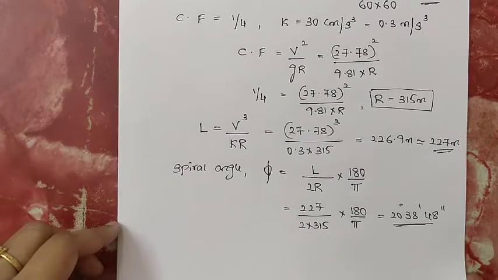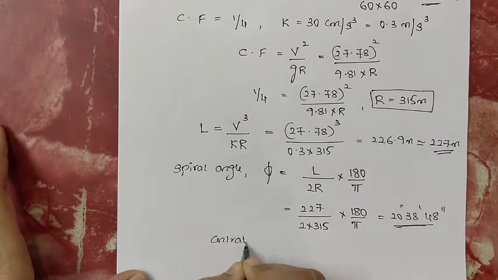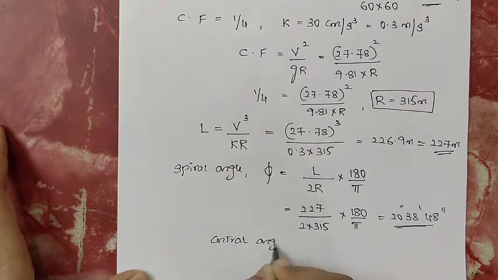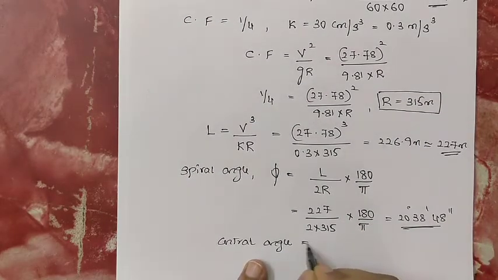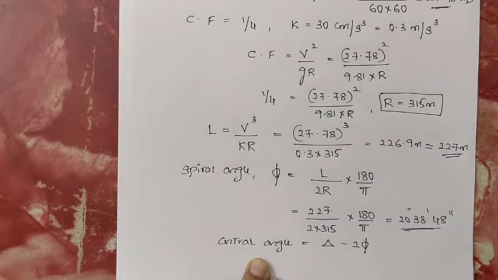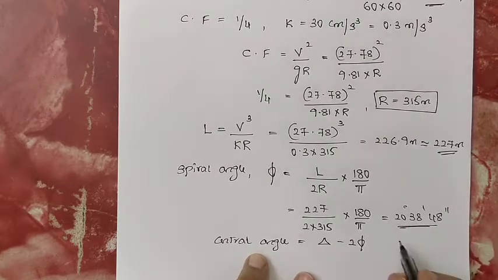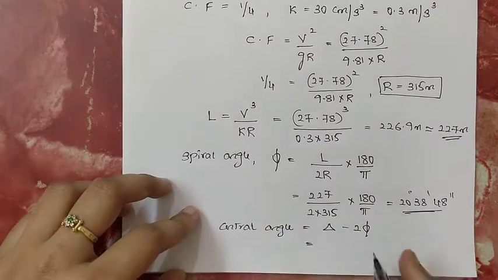Once you calculate the spiral angle, calculate the central angle of the transition curve. Central angle is equal to capital delta minus 2 into phi. Phi is nothing but your spiral angle. Total deflection angle they have given in the problem is 80 degrees.